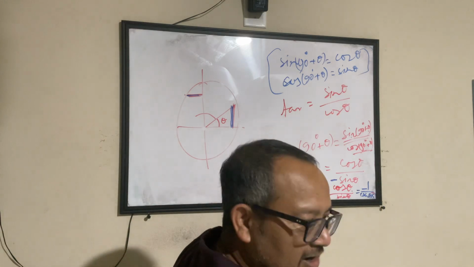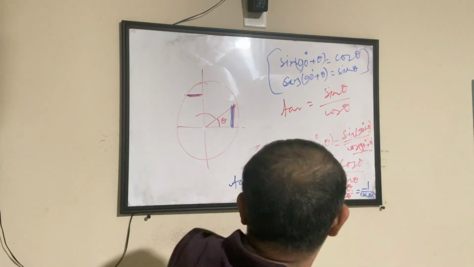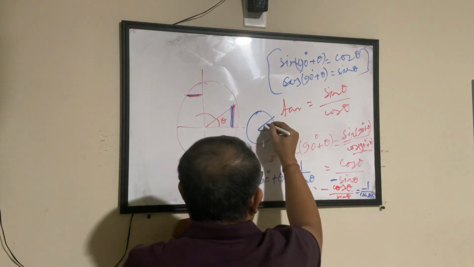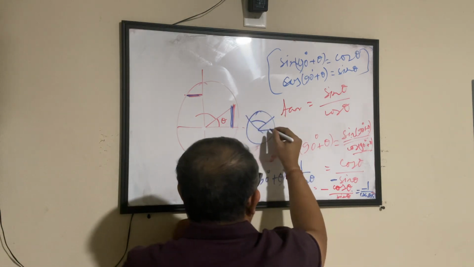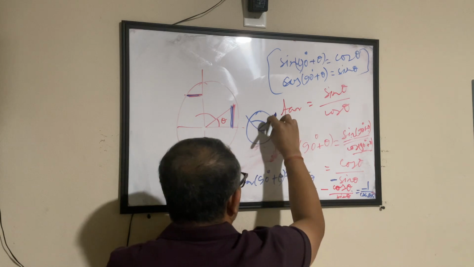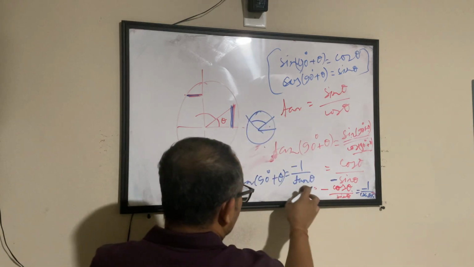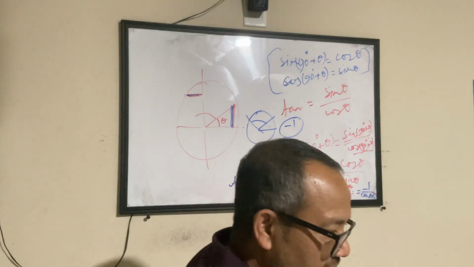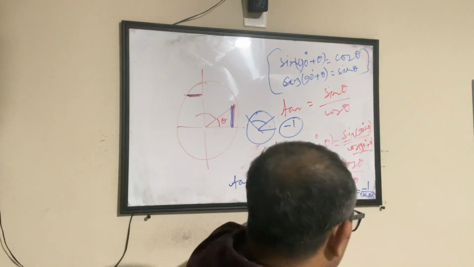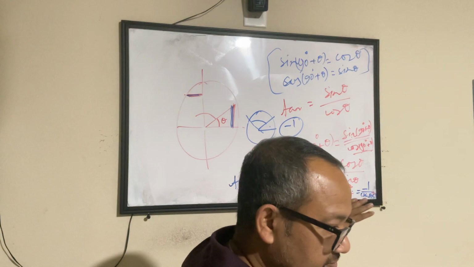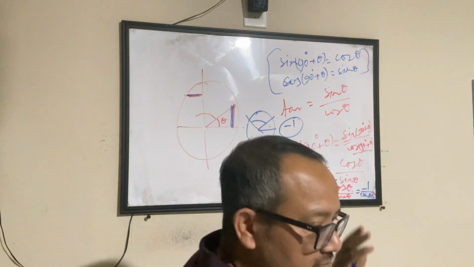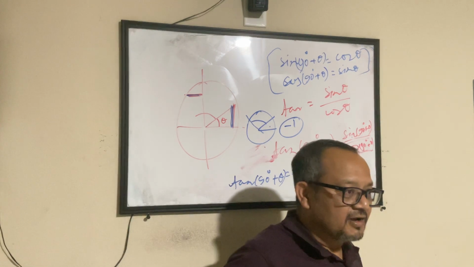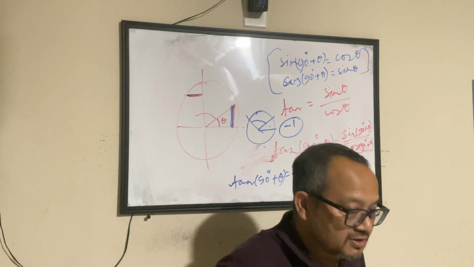From this, what you can see is, if you have a slope with angle theta and you rotate that by 90 degree, the multiplication of this slope and this slope becomes minus 1. That is the corollary that you can draw from what we have seen just now. This is the tan part of the periodicity.